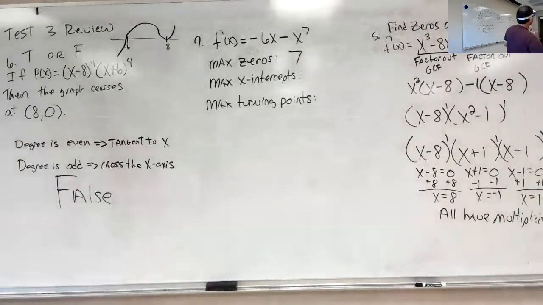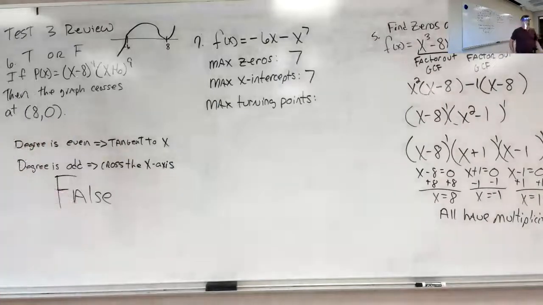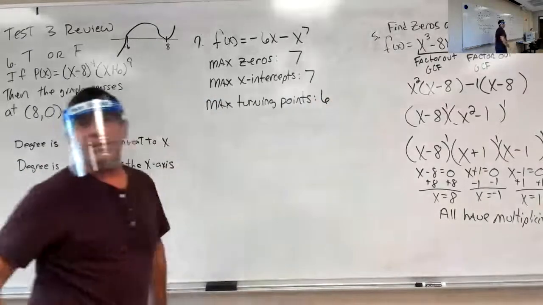So what do y'all think the maximum number of intercepts I can have? 7, because ain't the zeros and the intercepts the same thing, right? So the only one that's going to be different, how many turns are maximum? And you figure that out, you take that degree 7, and you subtract 1 from it. So the maximum turning points is going to be 6.